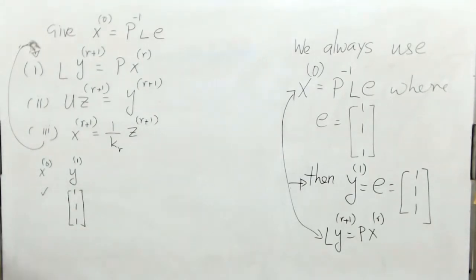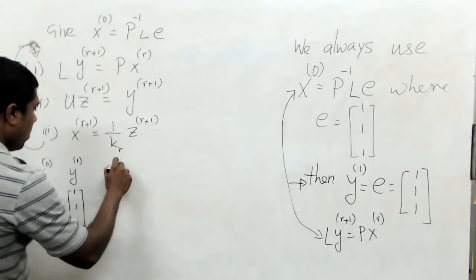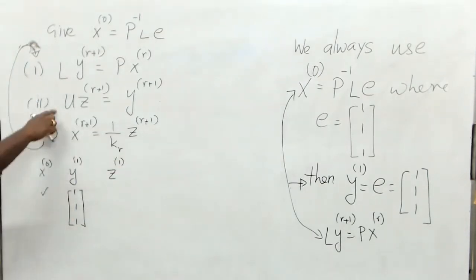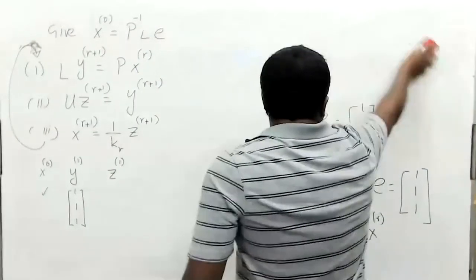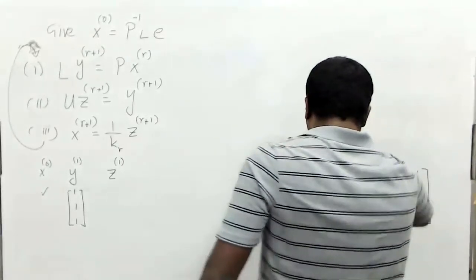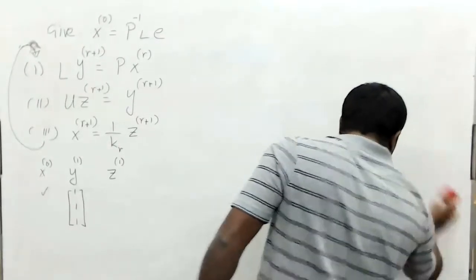Once you find y1, then you have to find z1. So z1, you have to solve this equation, which you all know how to do. I will do the first step only, and then the rest I will leave as an exercise.